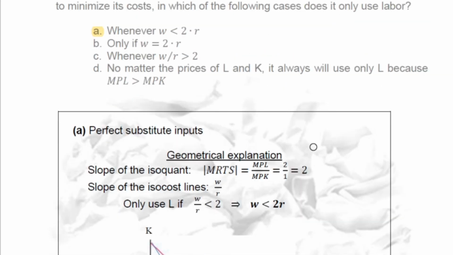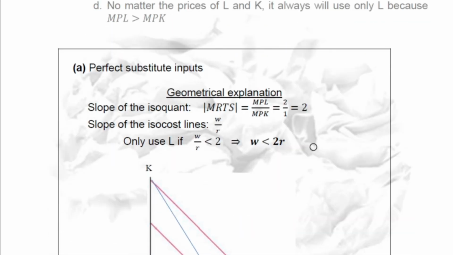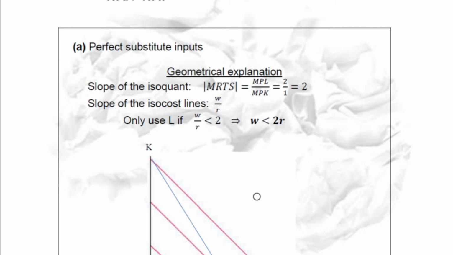Well, you have here the mathematical, the geometrical argument, or reason. The slope of the isoquant is 2 in absolute value.